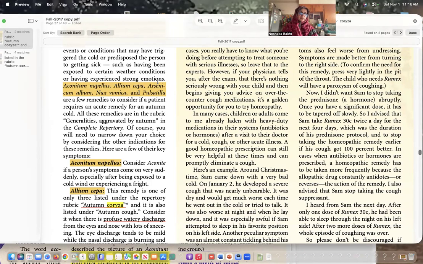Most commonly given remedy is aconitum. If the person has profuse watery discharge, allium cepa, which comes from onions. Remember, whenever we cut onions we have watery eyes, so profuse watery discharge especially from the eyes is allium cepa.